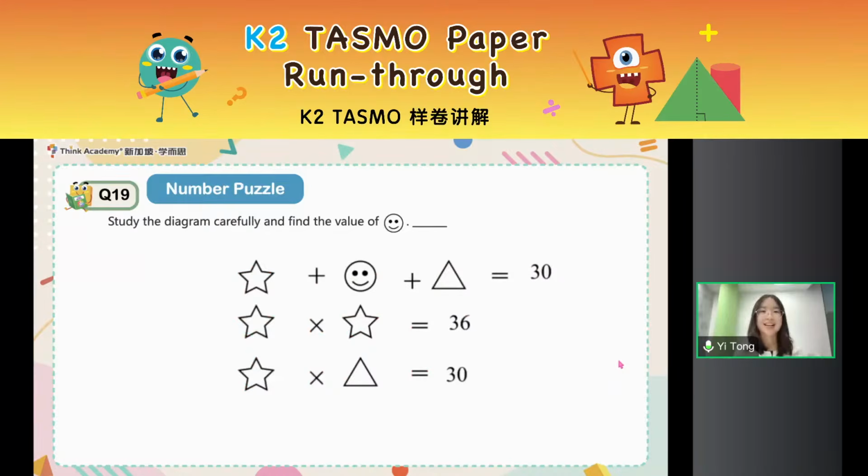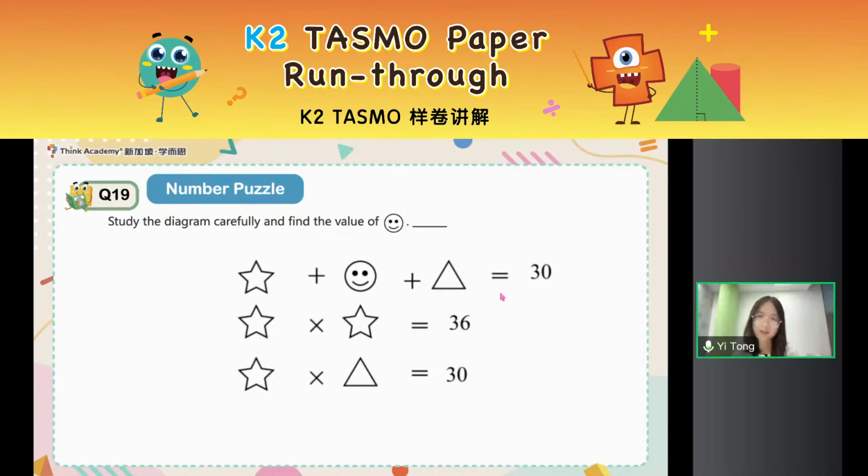Right? Now, we have a puzzle to solve. Look, everyone, what is the value of the smiley face? So for puzzles, look at it for 30 seconds first. Then I will share with you a secret tip that I won't share with anyone else. Where do we start?